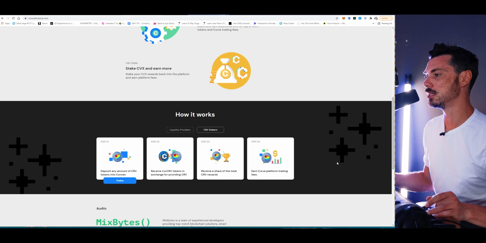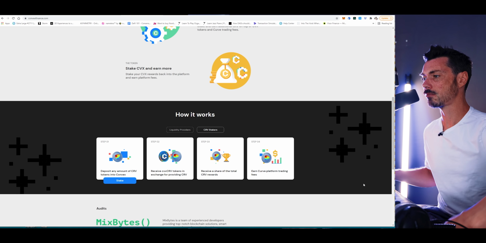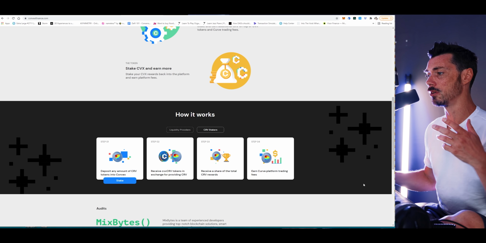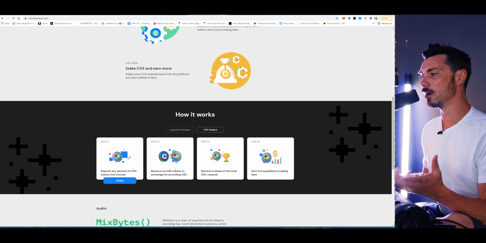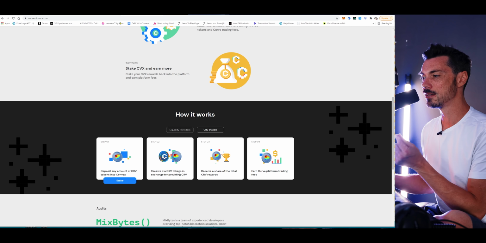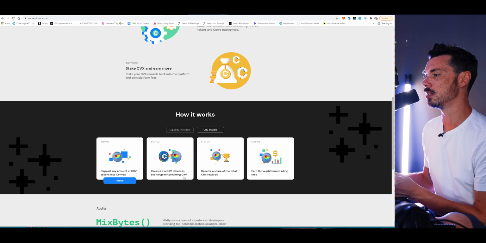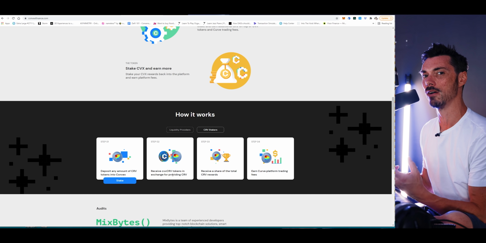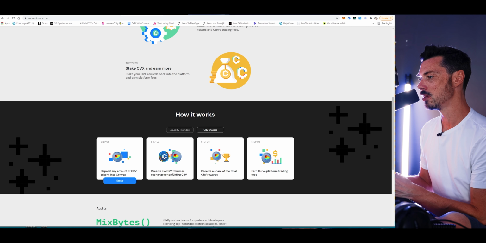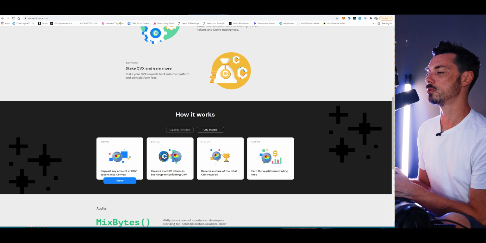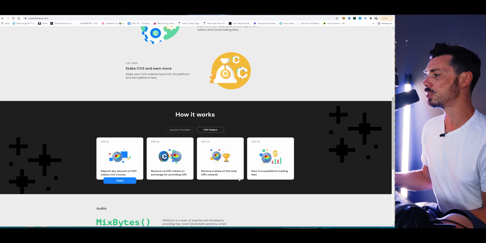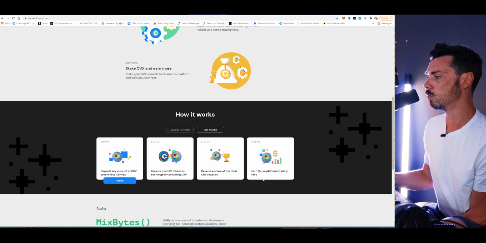If you're just staking CRV, which is what we're going to do today, you can deposit any amount of CRV tokens into Convex. Then, yes, here we are. You receive CVX CRV tokens in exchange for providing CRV. So that CVX CRV token represents your claim on the boost rewards. Then you'll receive a share of the total CRV rewards.